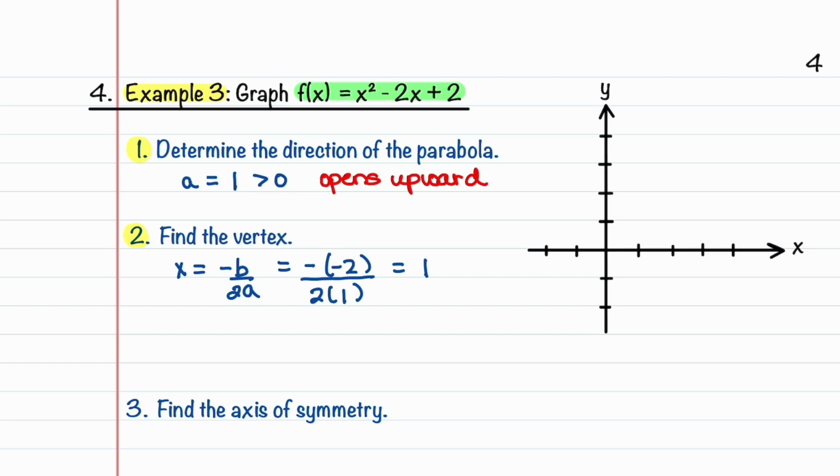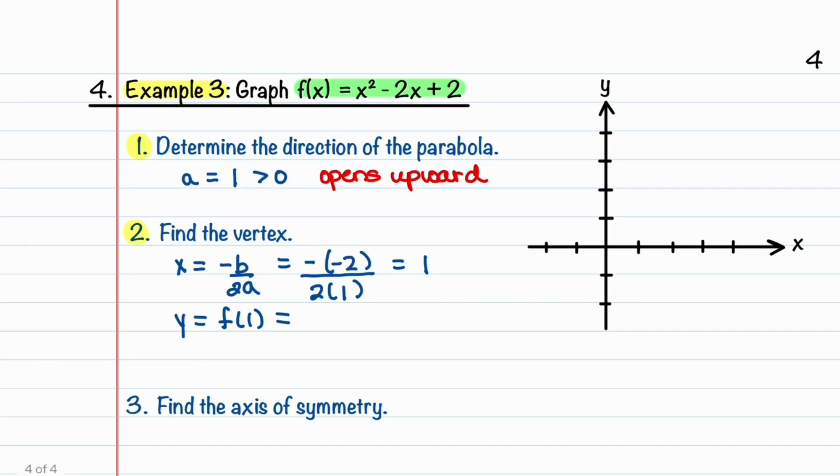Now we're going to find the y-coordinate of our vertex, so our y is going to be f at 1. Looking back up at our green highlighted function, we're just going to plug in x is 1. So this is 1 squared minus 2 times 1 plus 2. And this is just equal to 1. Let's now write down that our vertex is equal to (1, 1).